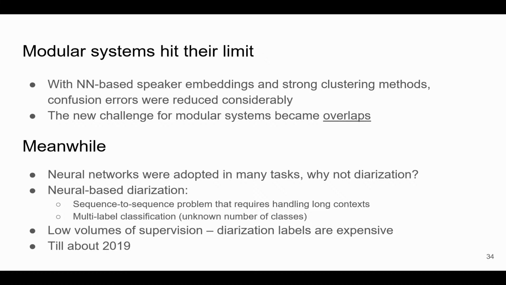Well, there are some particular characteristics in diarization that make it quite complex, not so easy to tackle with neural networks as other tasks, perhaps. One of them is that it's a sequence-to-sequence problem where you need very long context. If you think, for example, of transcription, usually you need some time context, but usually it's kind of short.